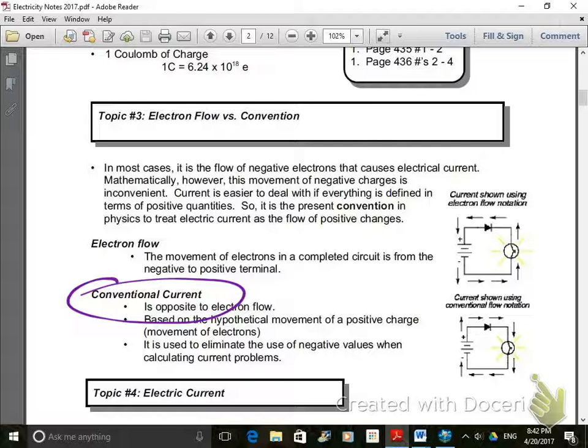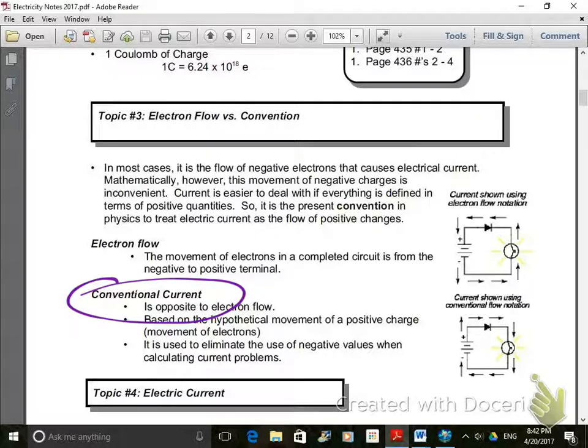They originally thought that electricity moved in that direction. So they thought it went from positive to negative. They built all their math and all their equations around going from positive to negative. So really, in a nutshell, instead of changing everything when they discovered it actually went from negative to positive, they kept everything in the positive direction.